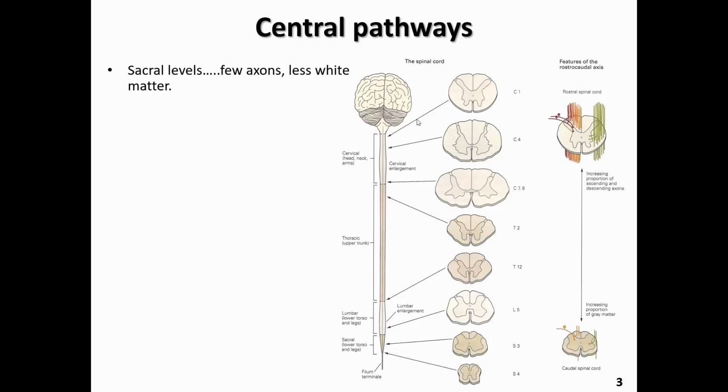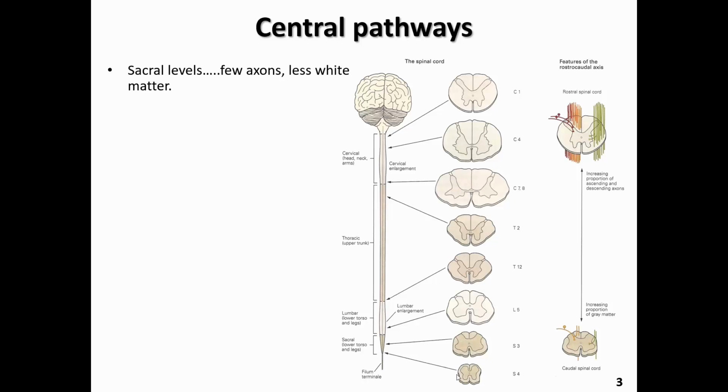If we take a more global look at the spinal cord structure, we see that at different levels of the spinal cord, from the cervical, thoracic, lumbar, and sacral levels in these cross sections, the area taken up by the gray matter does change considerably depending upon that level. For instance, at the very bottom here, we have sacral level 3 of the spinal cord and sacral level 4.